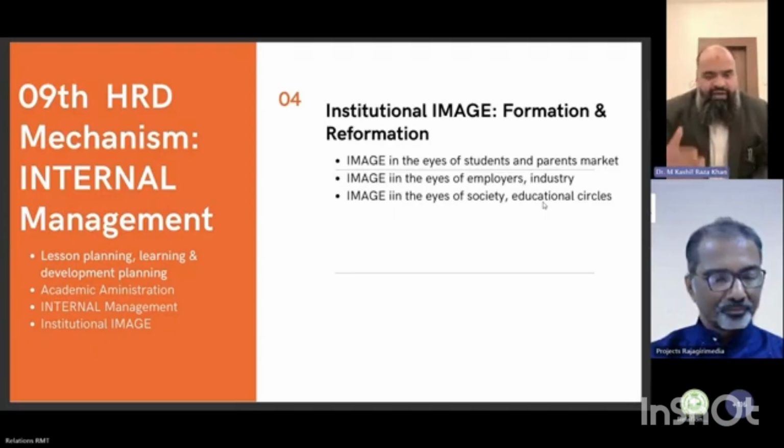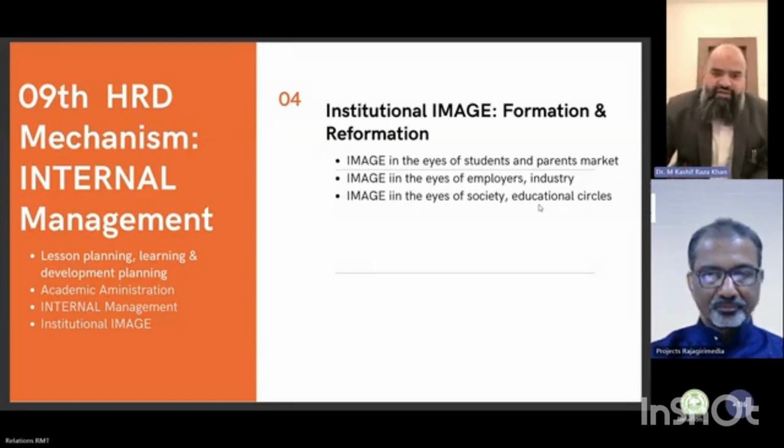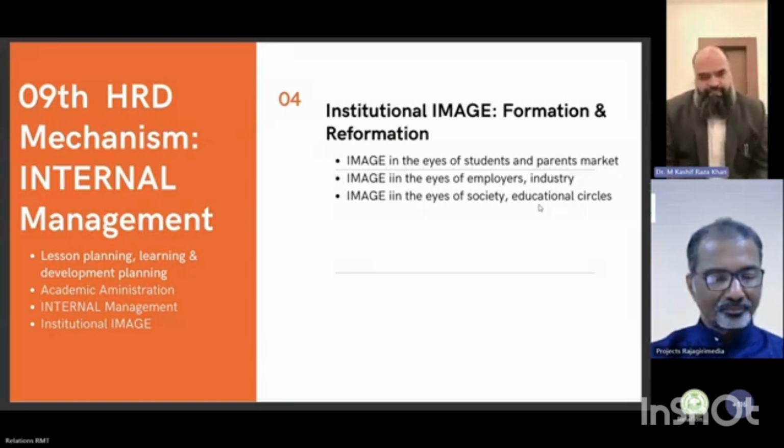Second, in the eyes of employers and industry. And third, in the eyes of society and the educational community of the area, state, and the nation.